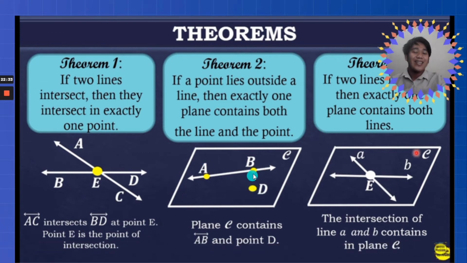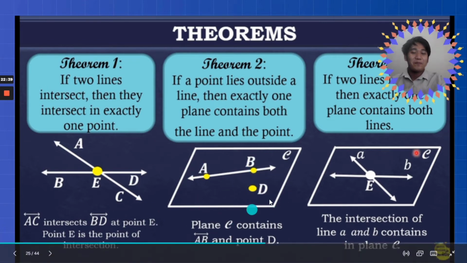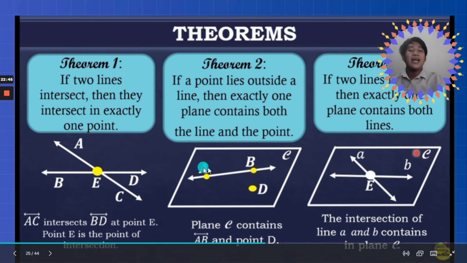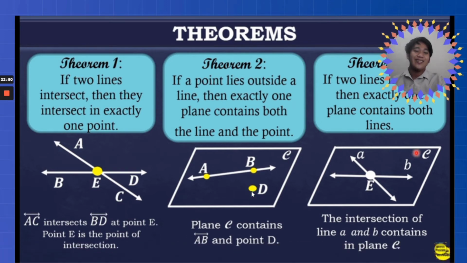And these 3 points are non-collinear, right? These 3 points will determine this plane based on the postulate that we discussed a while ago. So plane C contains line AB and point D. No more. There's no other plane that contains this line and this point.